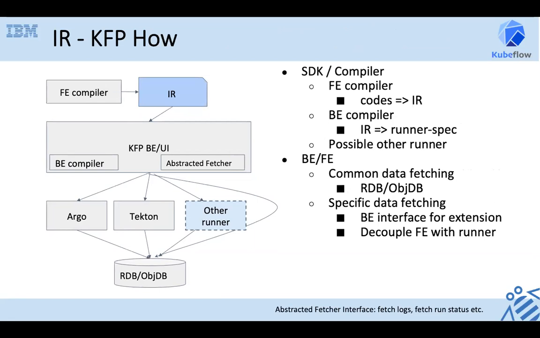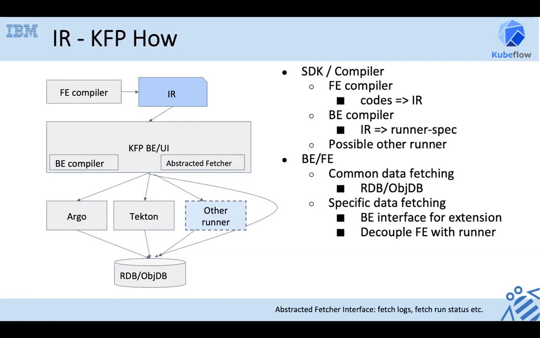It's built on top of that intermediate representation. But then, there is intelligence in the backend, based on the end target, which is either Argo or Tekton, and as a bring your own runner. If somebody wants to implement another backend for Kubeflow pipeline, that will be enabled.